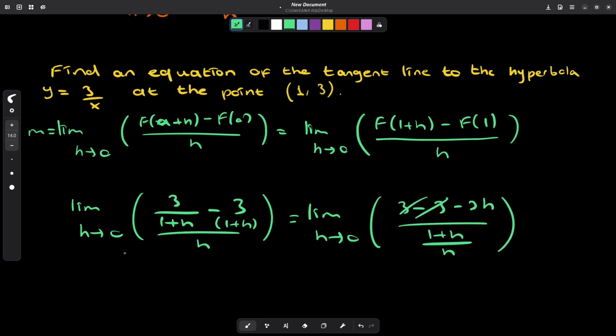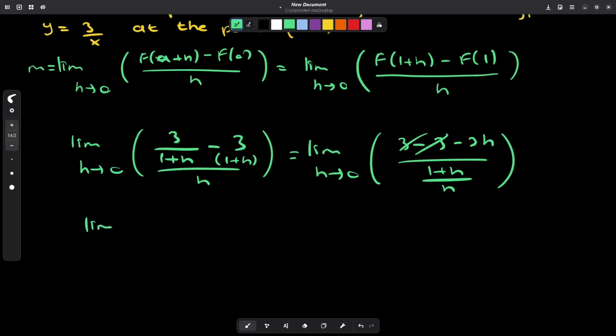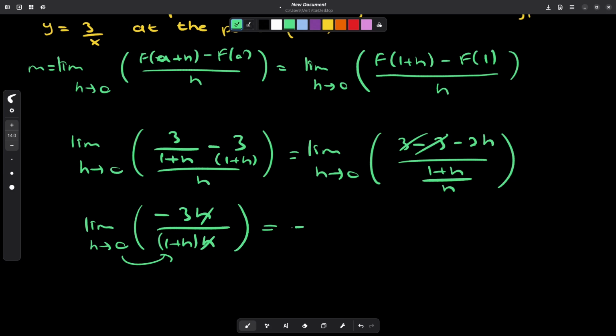Cancel these out. Limit of negative 3h. Now I can write the denominator as (1 plus h) times h. Cancel these out. Now it's really easy to plug this in and see that this limit is equal to negative 3.